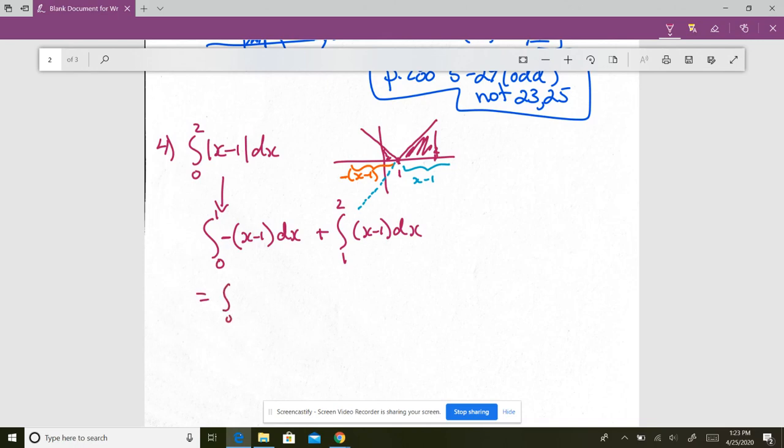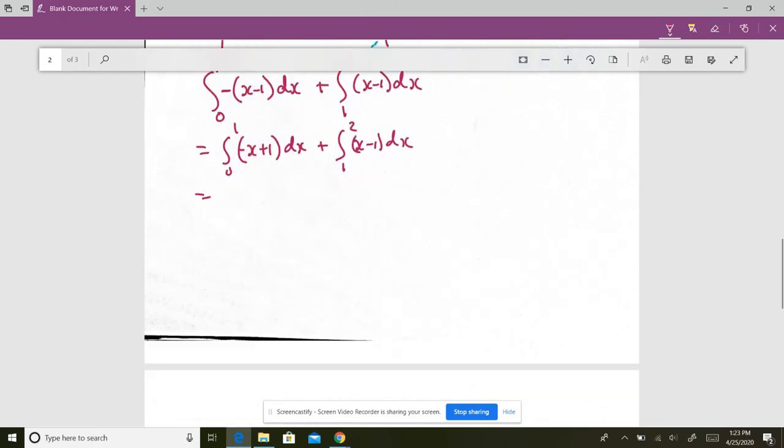So I'm just going to rewrite this as negative x plus 1 dx. Okay, so this is going to be negative x squared over 2 plus x evaluated from 0 to 1, plus, this is going to be x squared over 2 minus x evaluated from 1 to 2.